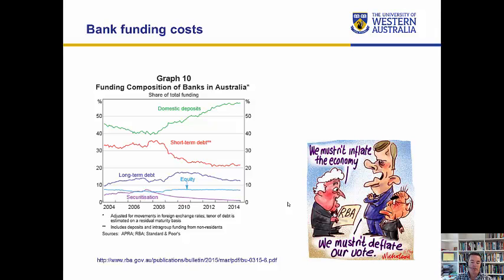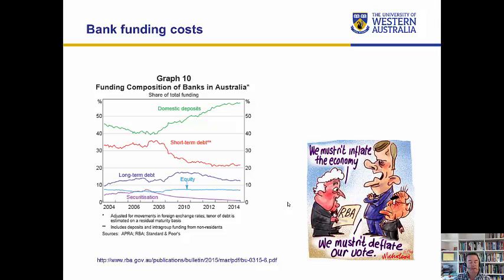That is, there was a change of the sources that the banks used to obtain their funding. Banks moved away from short-term debt in 2008. They moved towards long-term debt, and they moved towards domestic deposits.